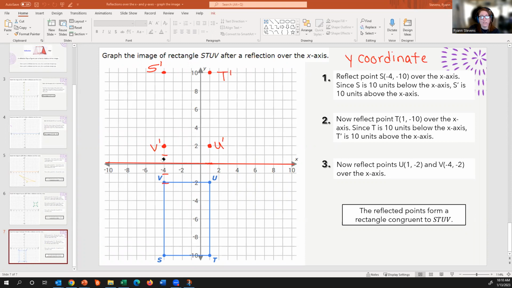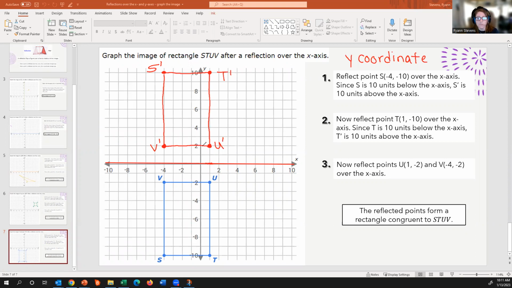And now that I have these points reflected, I can create my shape, connect these points together, and I will see an image of the pre-image that is the same size, the same shape.